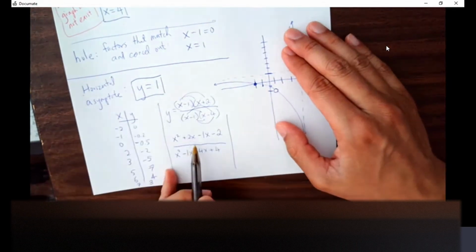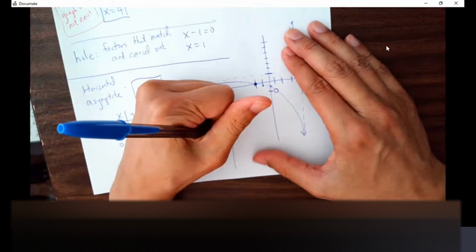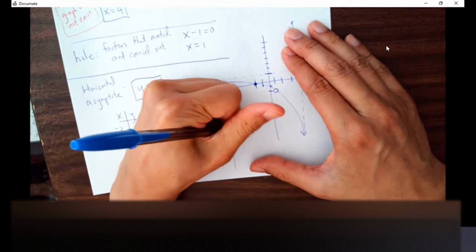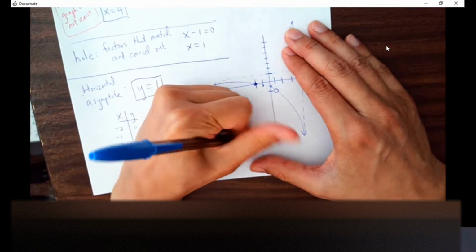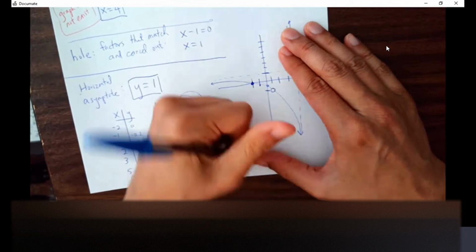And now I'm just going to combine like terms. The middle terms will always combine. So 2x minus 1x is 1x. And then here, combine the middle terms.